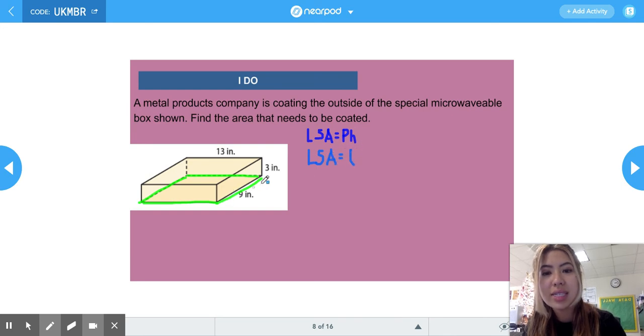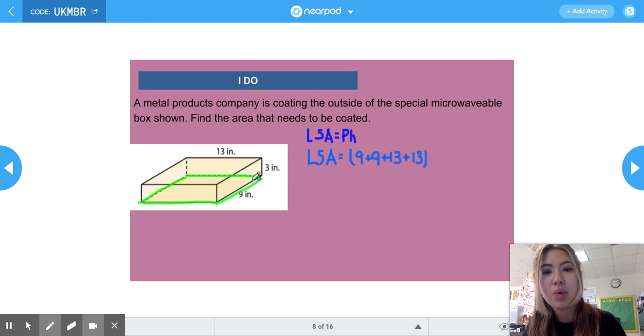So this side length is 9, so that makes this side length 9. So we have 9 plus 9. And then if this right here is 13, then this right here is also 13. And since there's two sides, we have to add 13 plus 13.